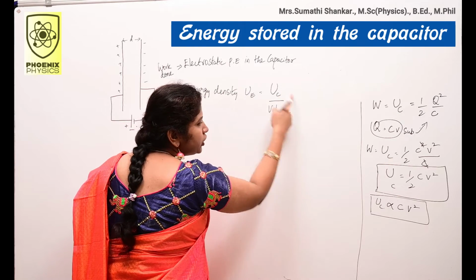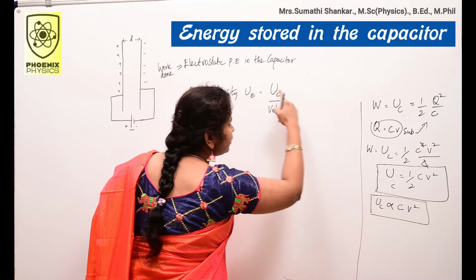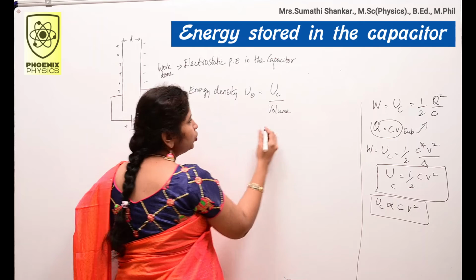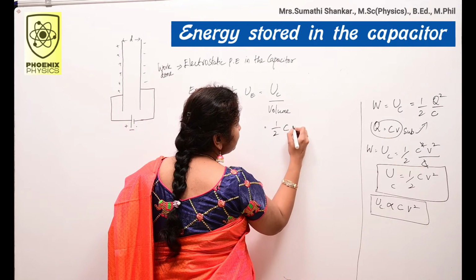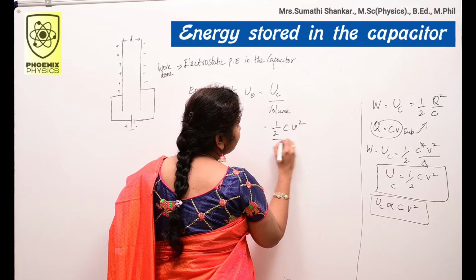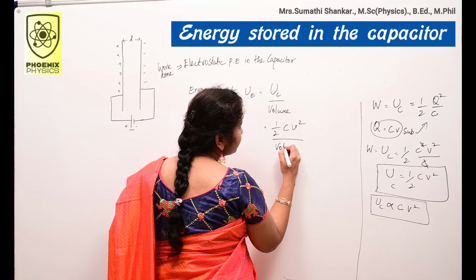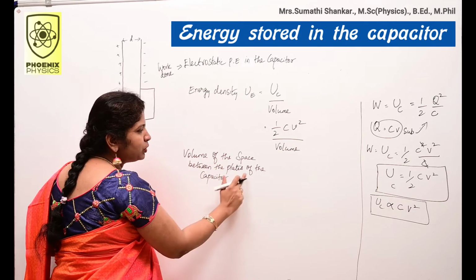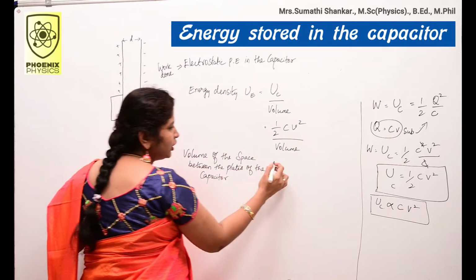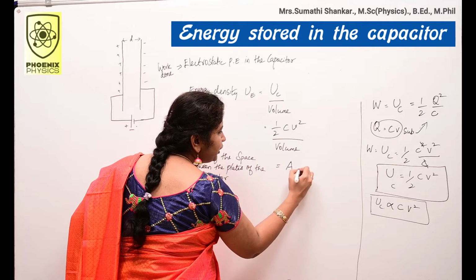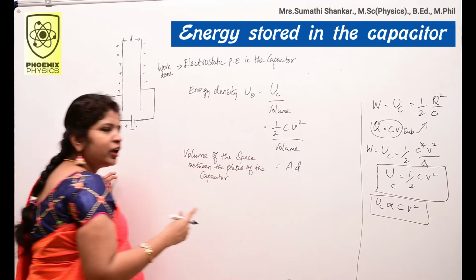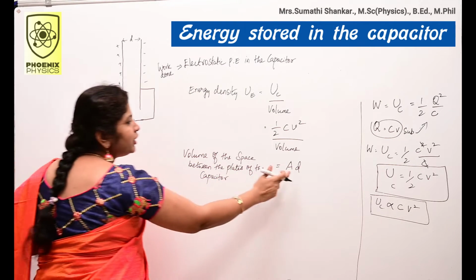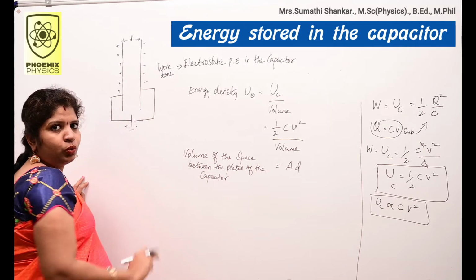Here UC you know, that is half CV square. Substitute the value: half CV square divided by volume. Here volume is nothing but the space between the plates of the capacitor, which is nothing but AD. What is this A? A is nothing but area and D is the distance between the two plates.